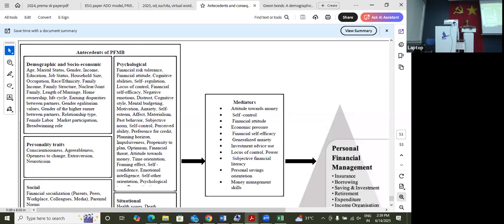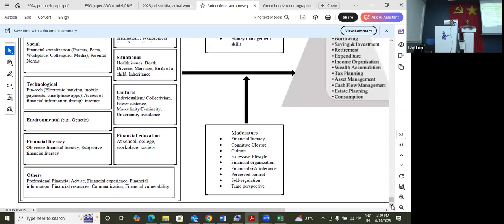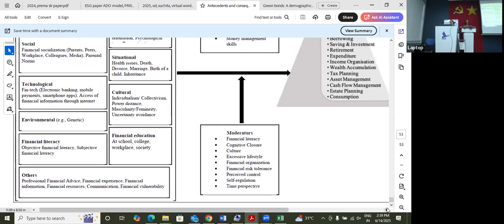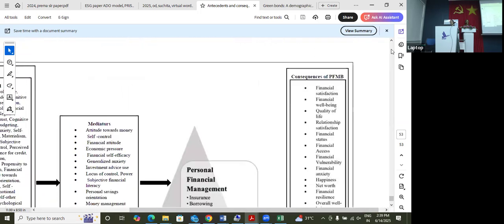And here you cannot see the outcome, the O. So what he has done, let me show you this. This is mediators and this is moderators. Above is the mediators and below is the moderators in the previous papers, right? And what is the outcome? This has been written on this basis all together at one place.